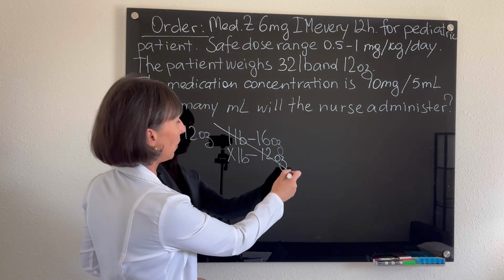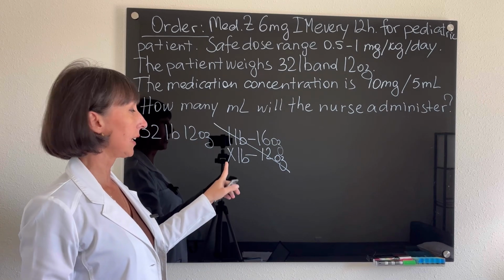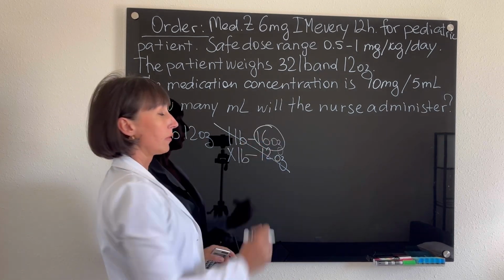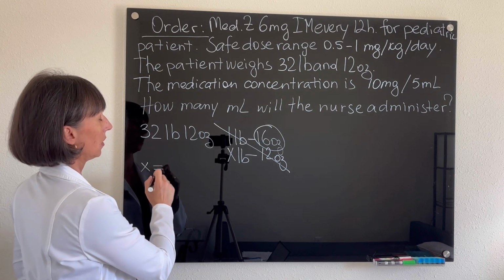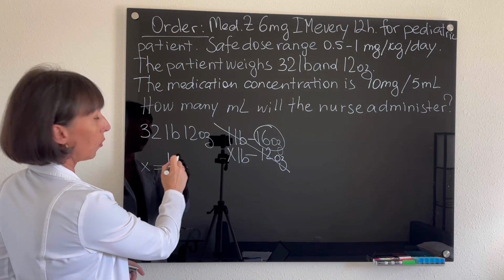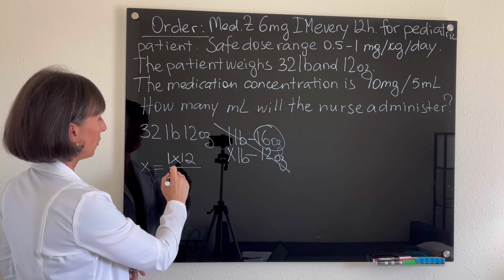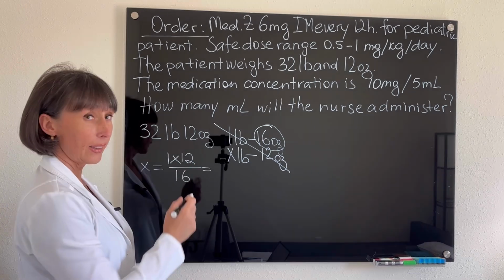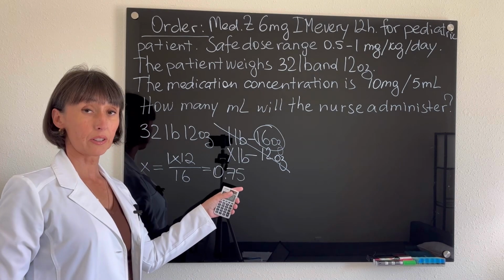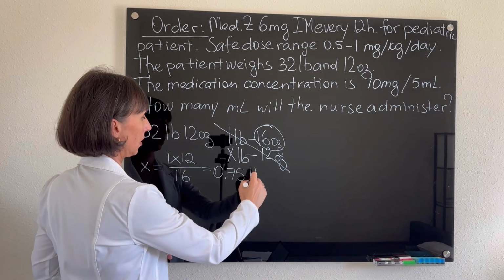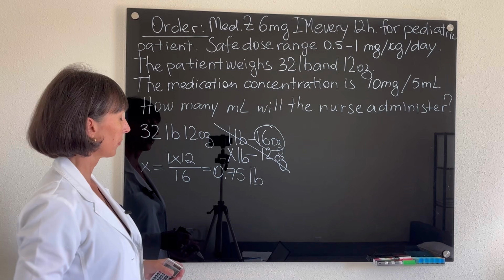I'm going to multiply on diagonal, that's not an x, and I'm going to divide by the third number. So x equals 1 times 12 divided by 16, and that equals 0.75 pounds.